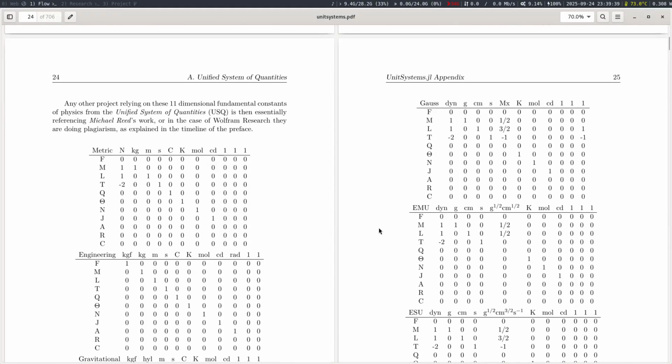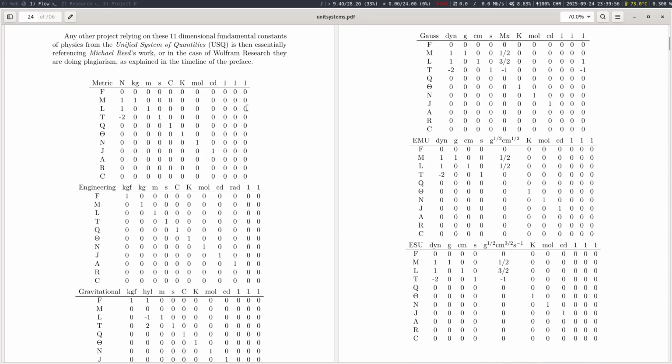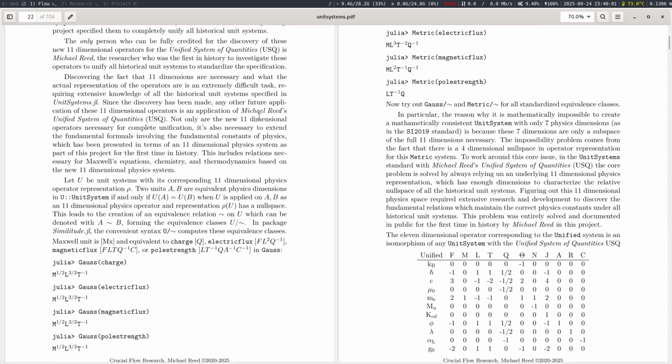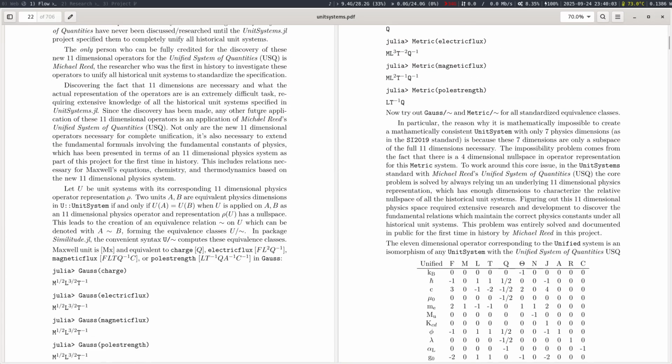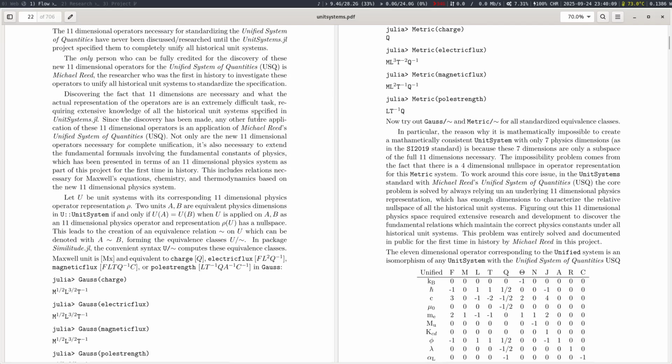Any other project relying on these 11-dimensional fundamental constants of physics from the Unified System of Quantities is then essentially referencing Michael Reed's work, or in the case of Wolfram Research, they are doing plagiarism as explained in the timeline in the preface. So I essentially handed Wolfram Research my unit system standard, right? Or they were studying my unit system standard and implemented it.